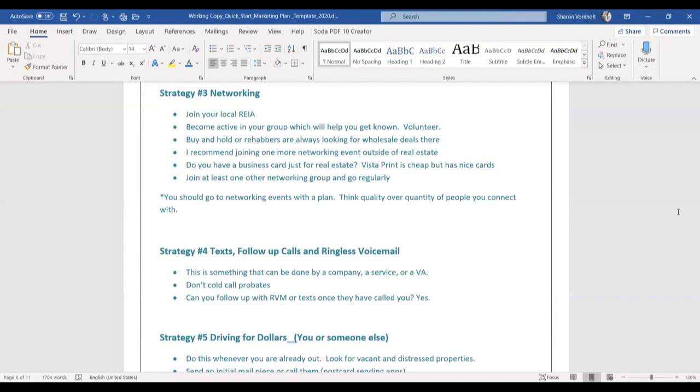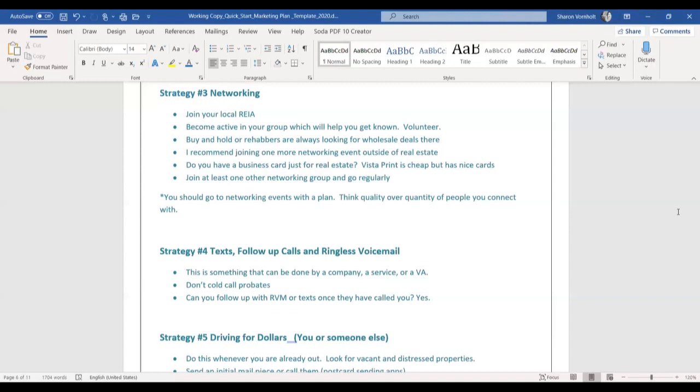It's not your best use of time to be doing this, but there are different services where you can text people. You can certainly get an absentee owner list with phone numbers. You could send them a text. I will say this one thing: be careful with ringless voicemail.